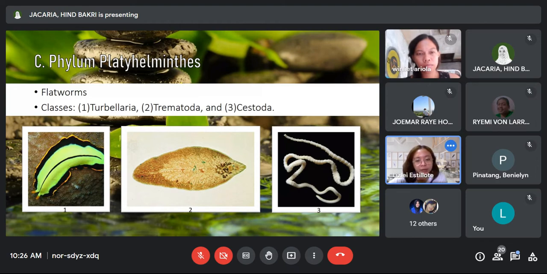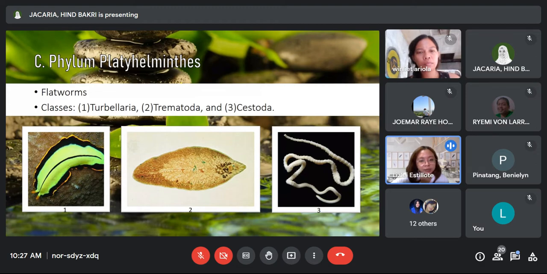The class Trematoda, which is seen in the second picture, are worms with suckers for attachment, and they're all parasitic, mostly endoparasites, with a surface of secreted cuticle, usually devoid of cilia, generally called flukes, and they are internal parasites of mollusks and vertebrates.